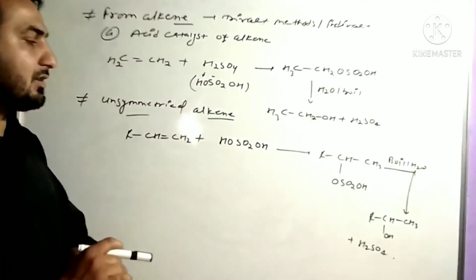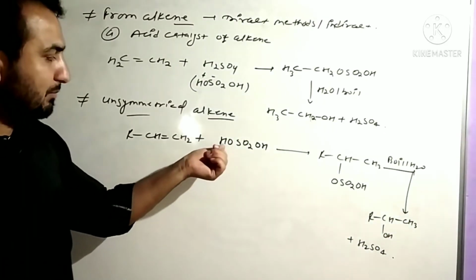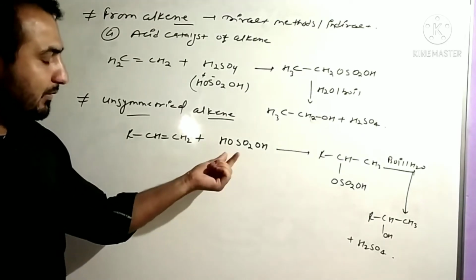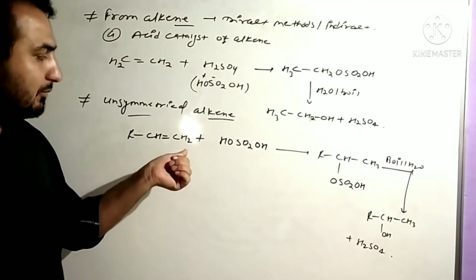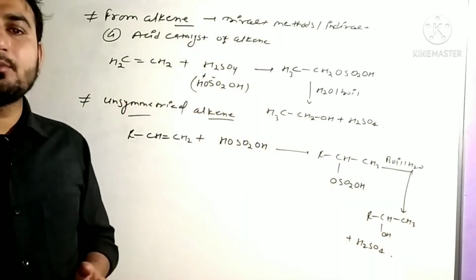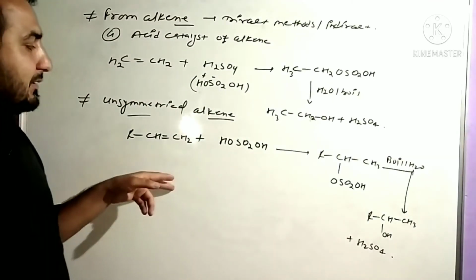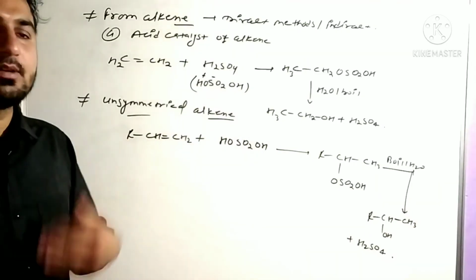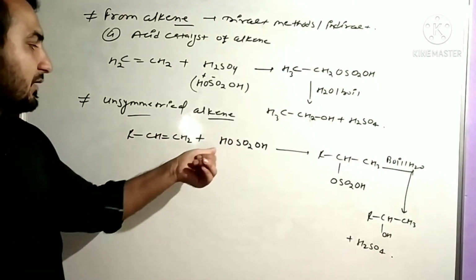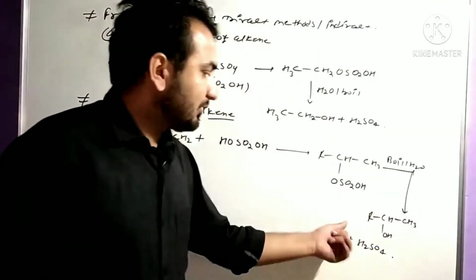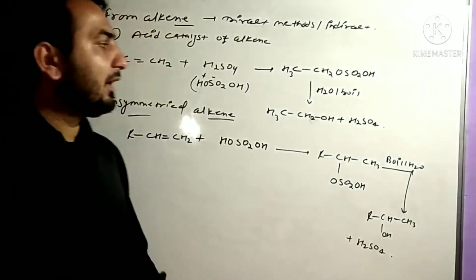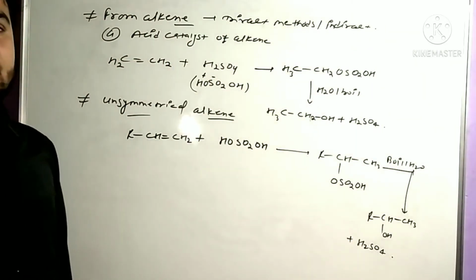In Markovnikov addition, we all know that the positive part of any reactant is attached where you have the more number of hydrogens, and the negative part is attached where you have the lesser number of hydrogens. So according to it, this H is attaching here, CH3 and the negative part is there. So this is your alcohol and this is called the direct method.